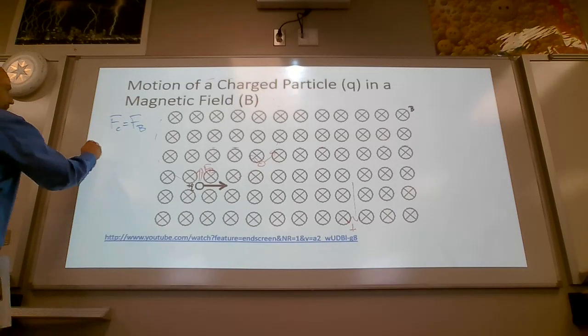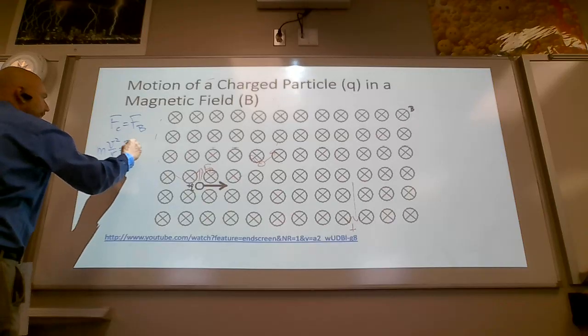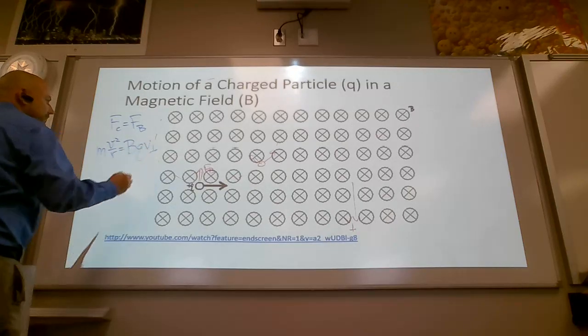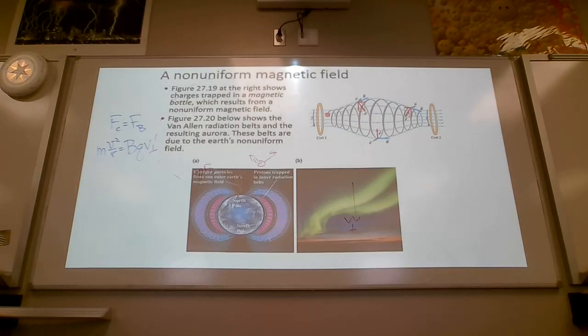And so then you go mass times speed squared over the radius equals magnetic field times the charge times velocity perpendicular. And you just run with it. So you get some cool stuff like Aurora Borealis, Northern Lights, because of that.